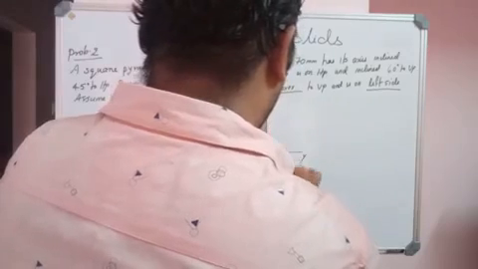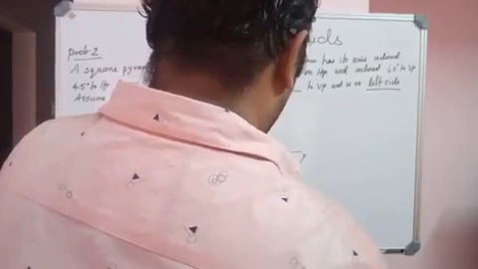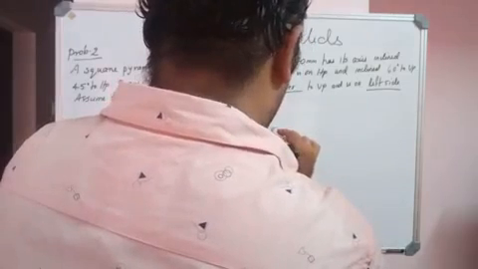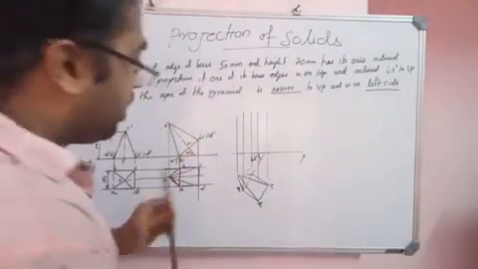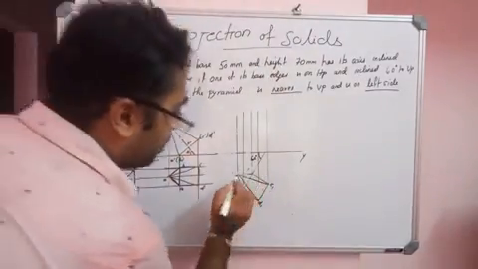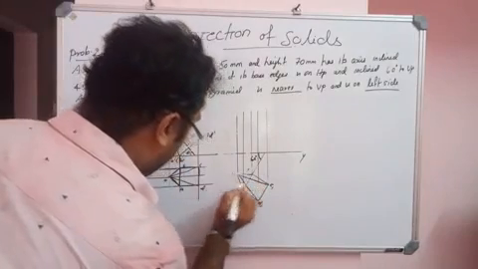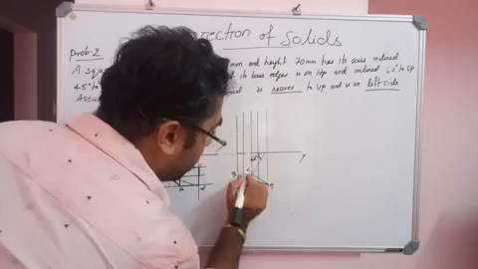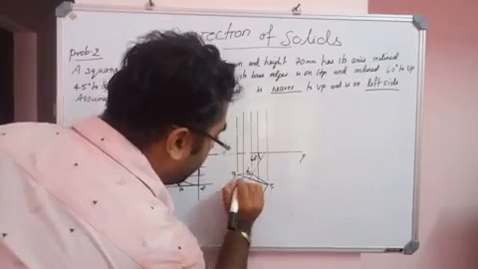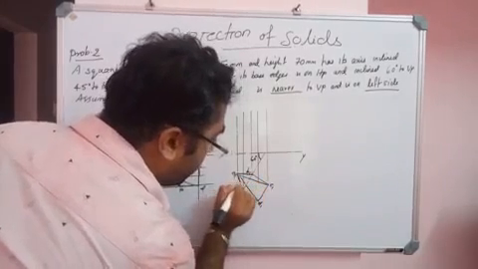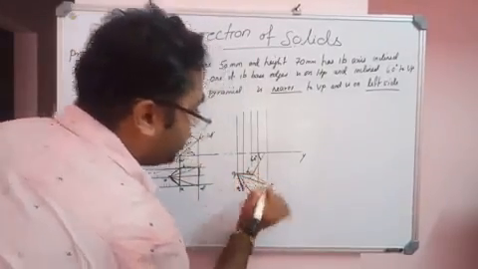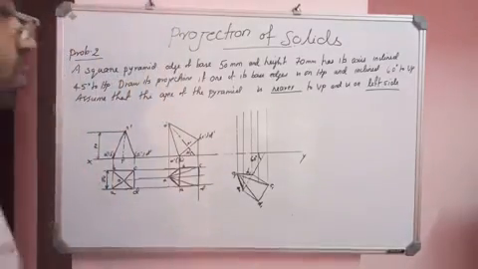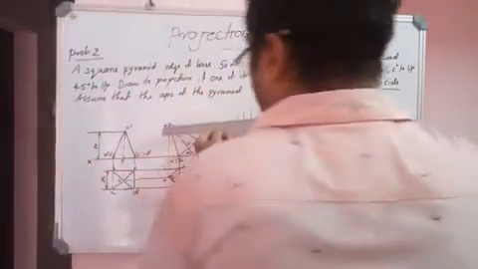C1, D1. Yeah, the vertical lines all this. So this is O1 and this is B1. Because of the scale it is just like. Now we are going to draw the horizontal lines.